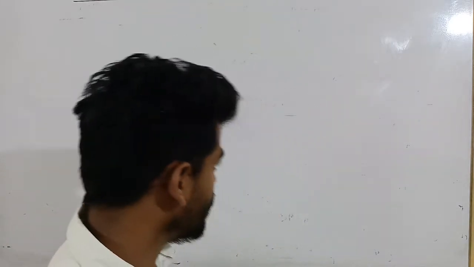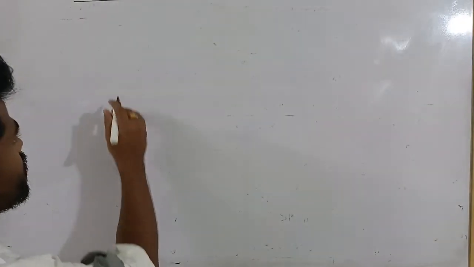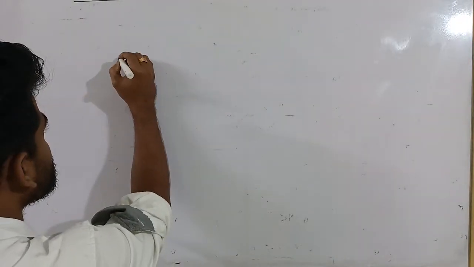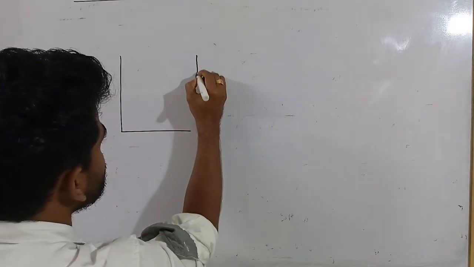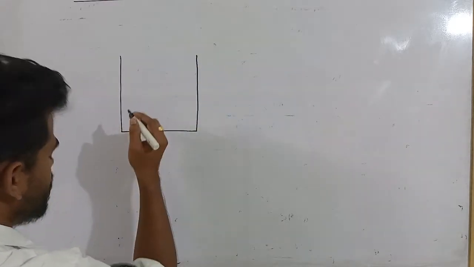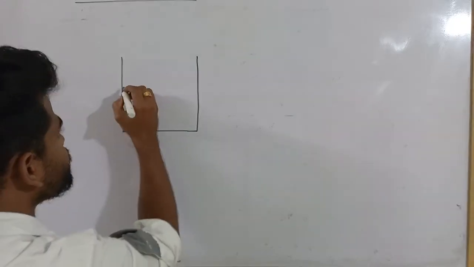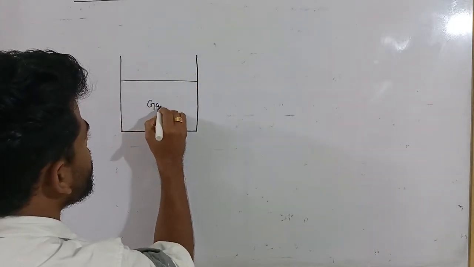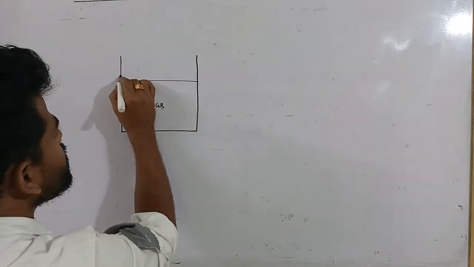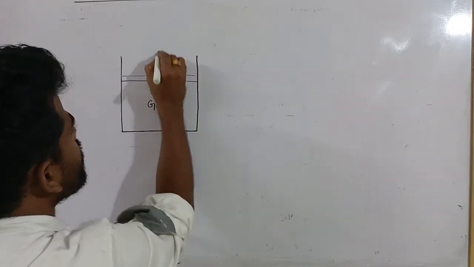In thermodynamics, if I consider a system, just keep in your mind that our system is nothing but a container like this, and in this container suppose I have taken a certain amount of gas, well fitted with a piston.